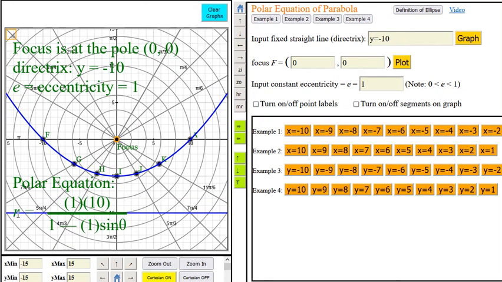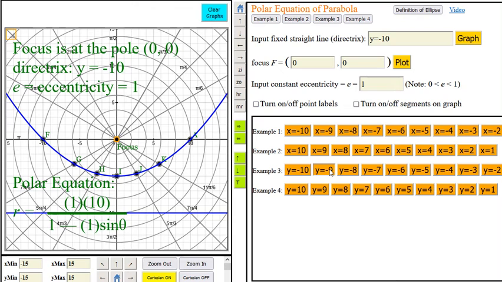Here the directrix is the horizontal line y equal to negative 10. So right here we have 10, the absolute value of this negative 10. But the bottom is what's different: it'd be 1 minus 1 sine of theta.